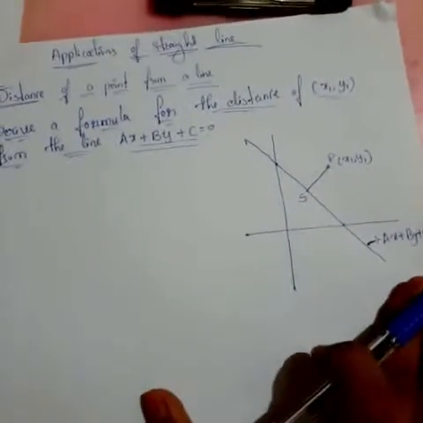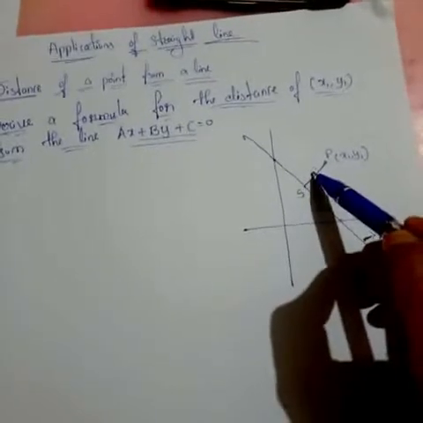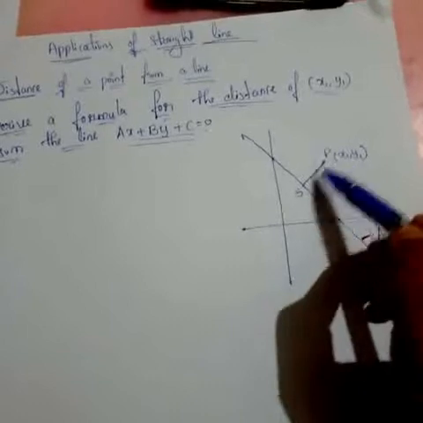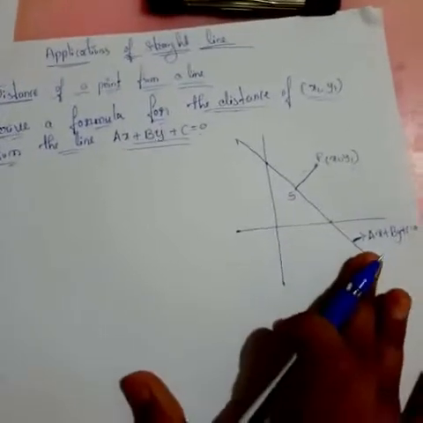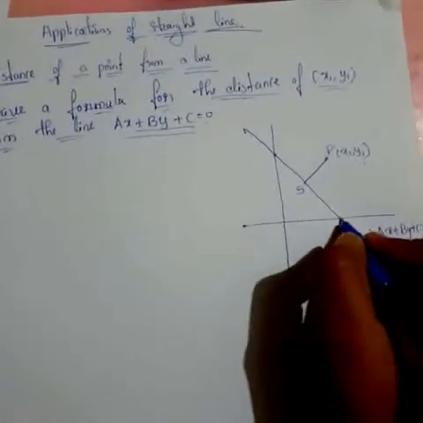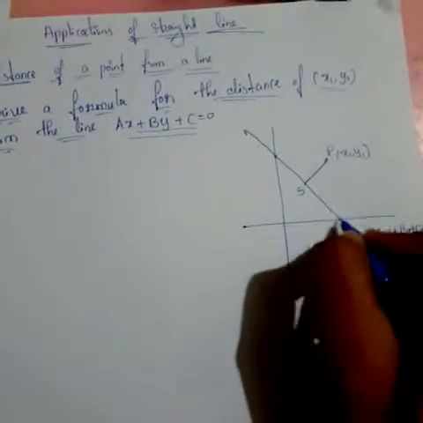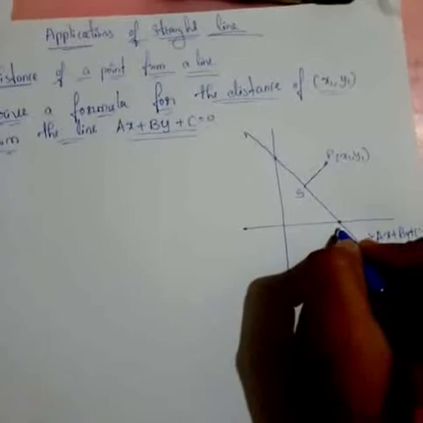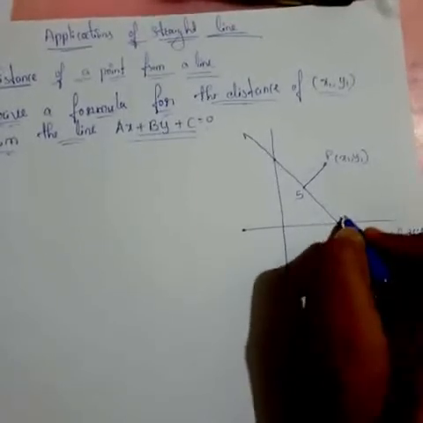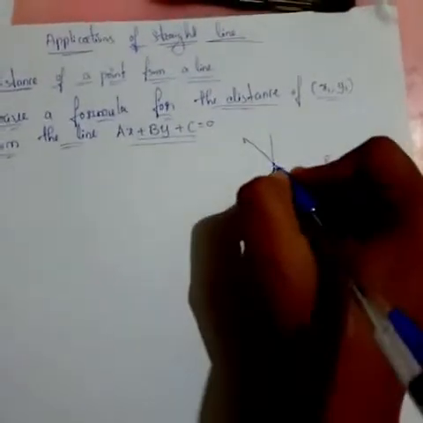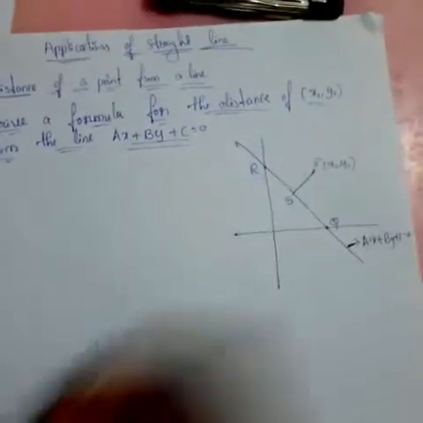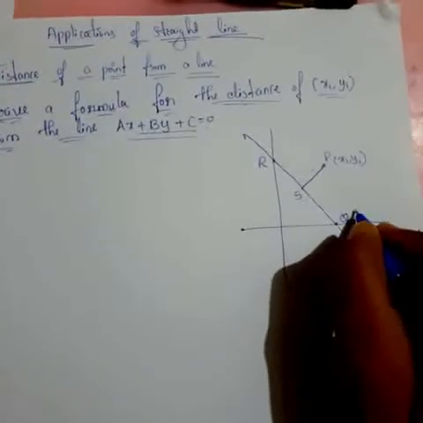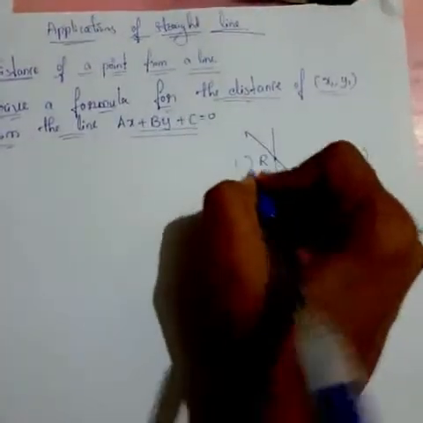Now, before we find the distance of this point to this line, let us find the coordinates of these 2 points. This point lies exactly on the x-axis, and this is Q, this is R. First we have to find the coordinates of these 2 points.